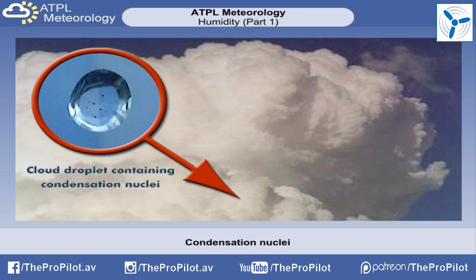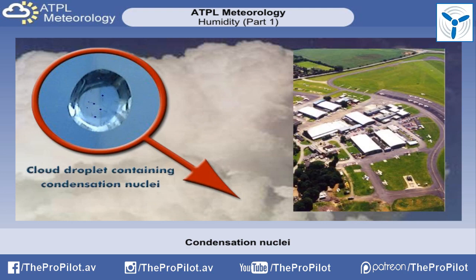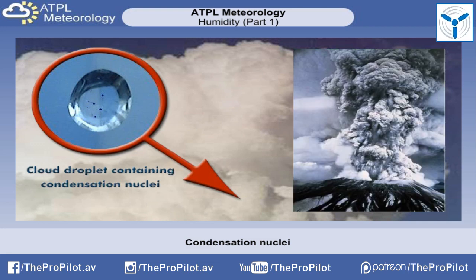These are called condensation nuclei, and mainly consist of salt particles put into the atmosphere over the sea. There are other condensation nuclei, such as pollutants from industrial sources, forest fires, or volcanic eruptions. If no condensation nuclei are present, air will tend to become supersaturated, and hence have a humidity of greater than 100%.